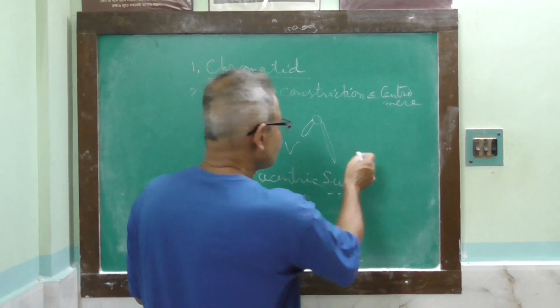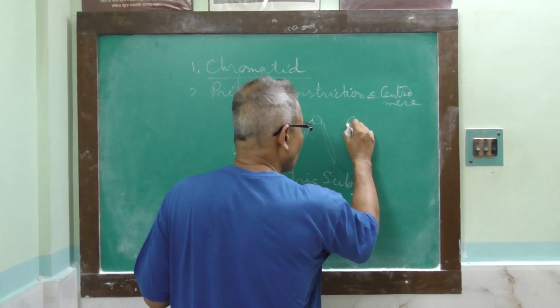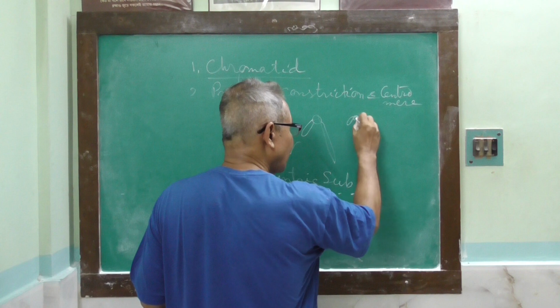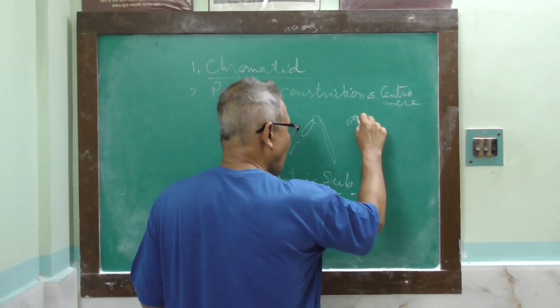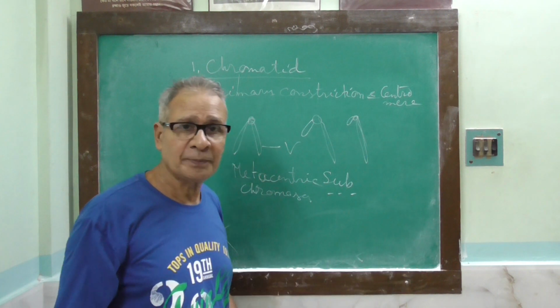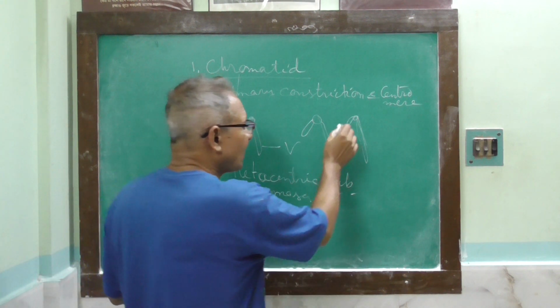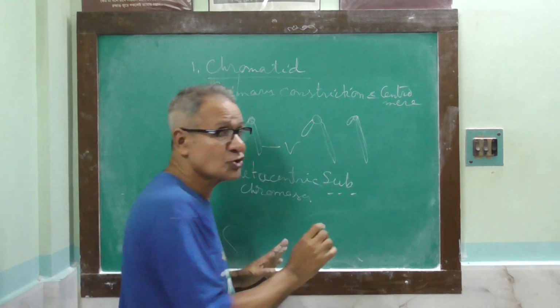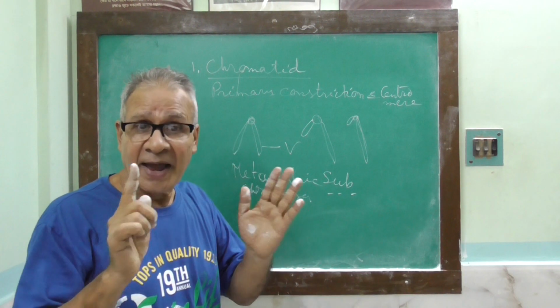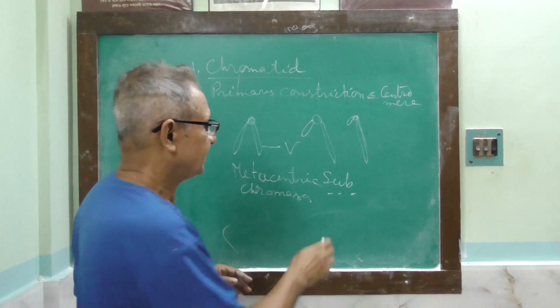When the centromere is situated almost towards the terminal end, so that one arm is very long and the other very short, it appears as a J and is known as acrocentric.